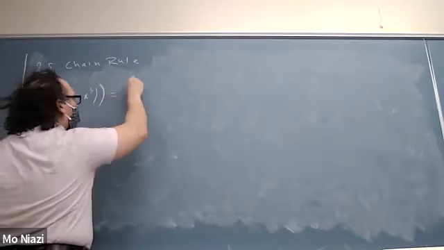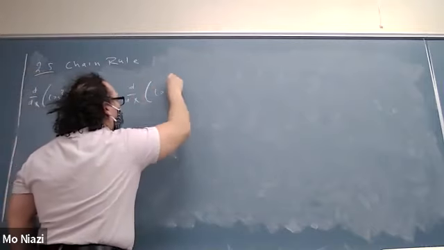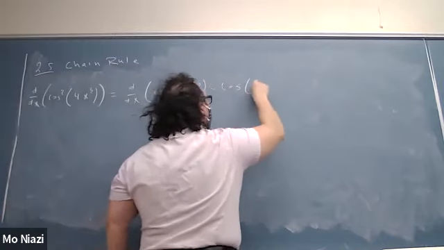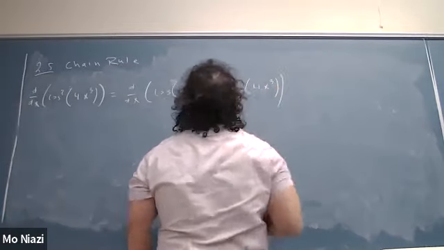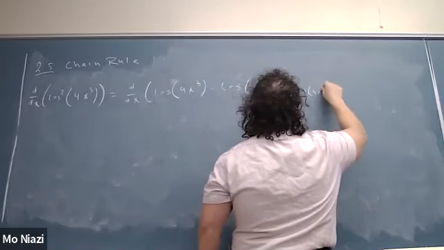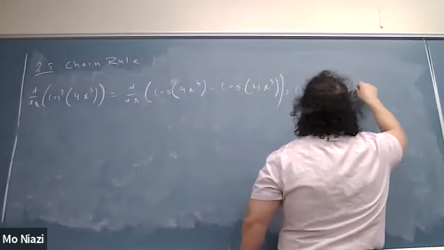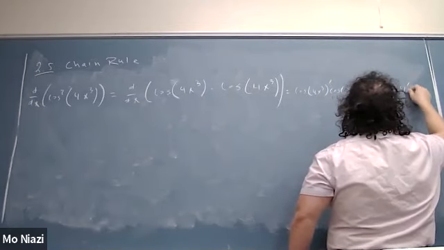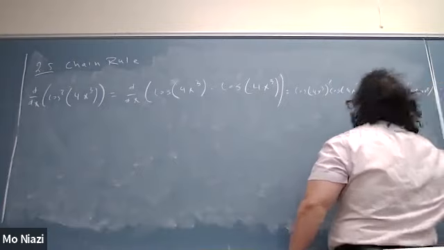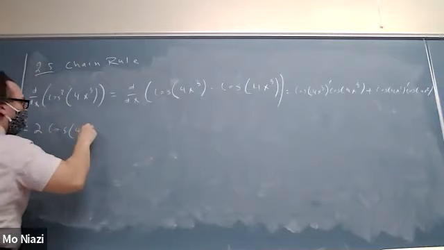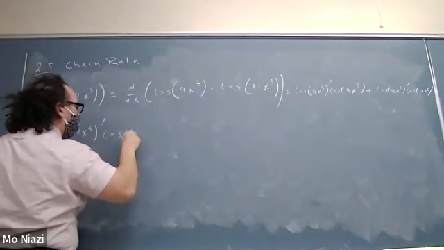Remember, again, this is ddx of the cosine of 4x cubed times itself. So then we use the product rule. So this becomes cosine of 4x cubed prime times cosine of 4x cubed plus cosine of 4x cubed prime times cosine of 4x cubed. But this ends up becoming just something added to itself. So this becomes 2 cosine of 4x cubed prime times cosine of 4x cubed.